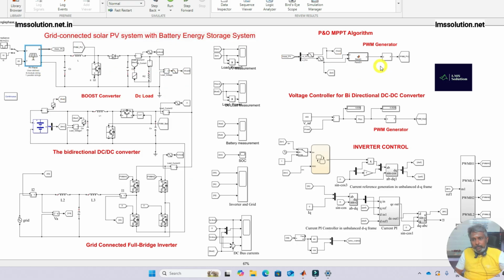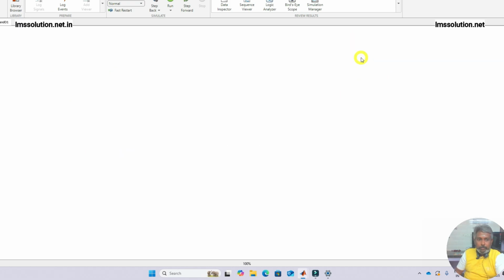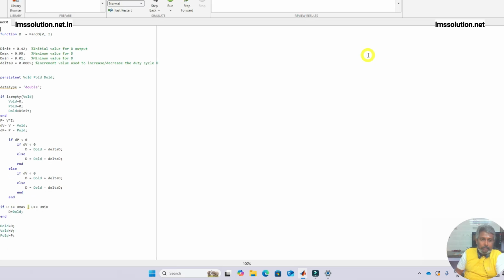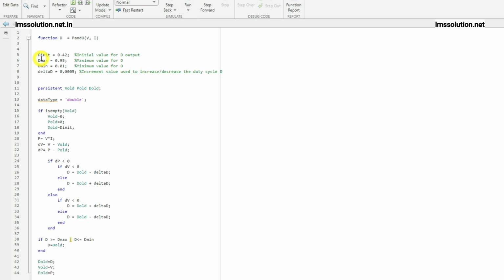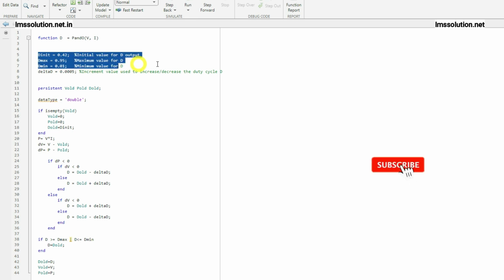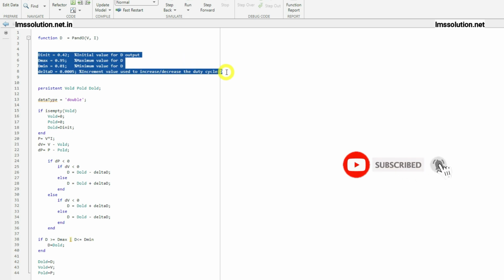So next you go inside the P&O MPPT. So here I'm going to go inside. This is an implementation of P&O MPPT. In order to implement that P&O MPPT, you have to fix four parameters. One is initial duty cycle, maximum duty cycle, minimum duty cycle, and a small change in duty cycle.